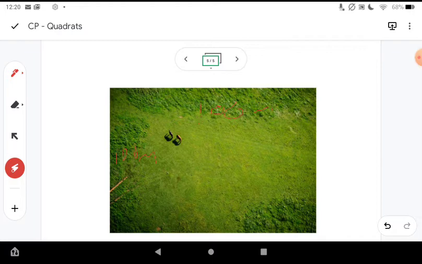I could randomly throw those quadrats around the field, and that's quite difficult to make perfectly random because you'll tend to aim, or if you start over here, the majority of your quadrats will end up in this area and this area goes forgotten about. So that's one way of doing it. The other way is to use a random generator for locations. You can get one quite easily on your phone, and you can calculate the distance, and it'll divide it into a grid and say where to place the quadrat.